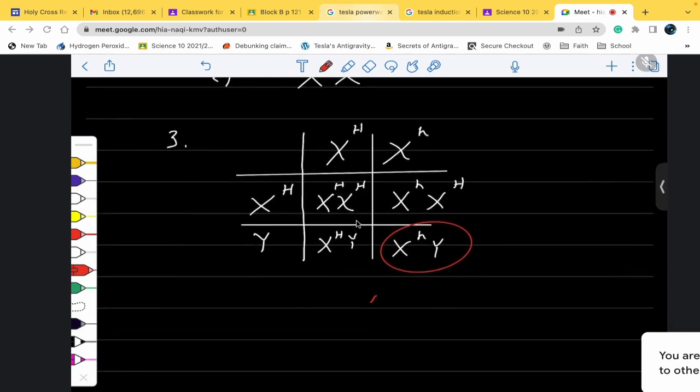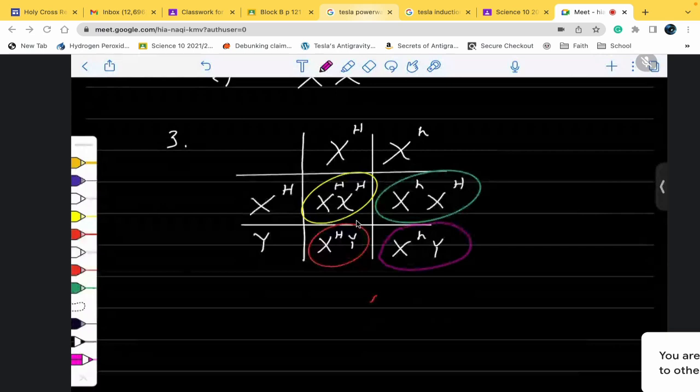We have the following. 25% X, big H, X, big H. 25% X, big H, Y. 25% X little h, X big H, and then 25% X little h, Y.